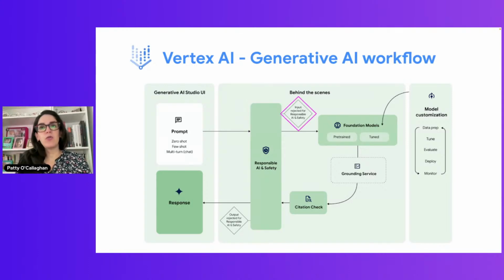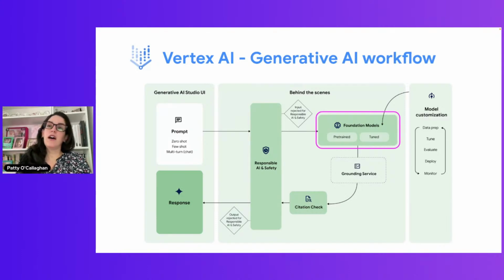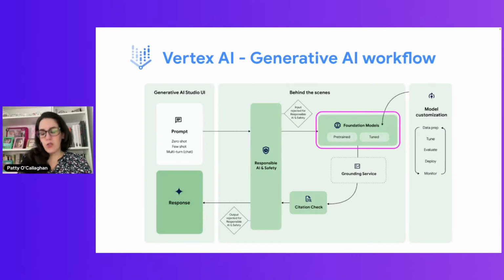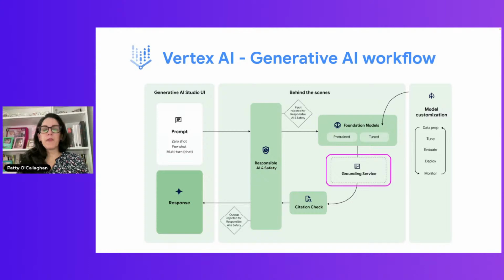So let's say that the prompt passed that area, then it will go to the model, and the model will process the prompt and get a response back. And of course, we also have model customization, because you might want to do some tuning over that LLM depending on your use case. Then it goes back with the correct answer, and then it can go to the grounding service.